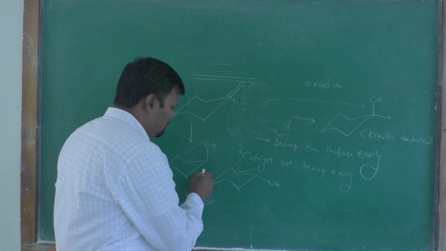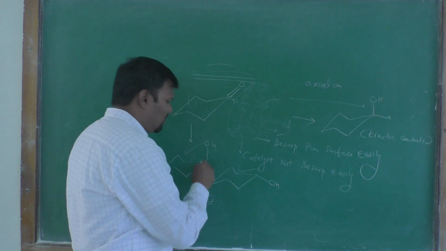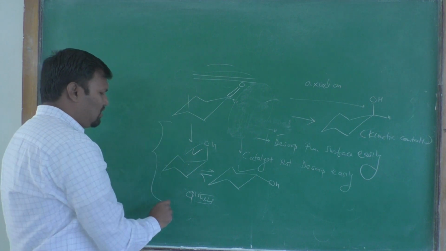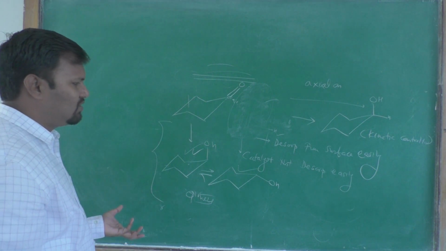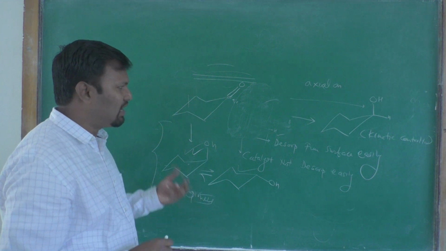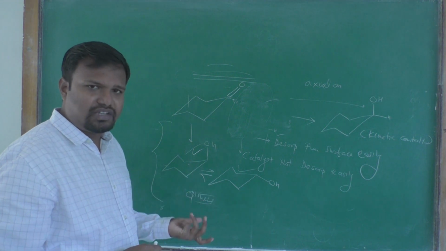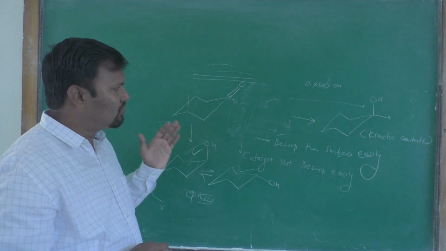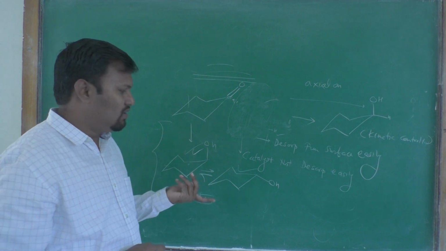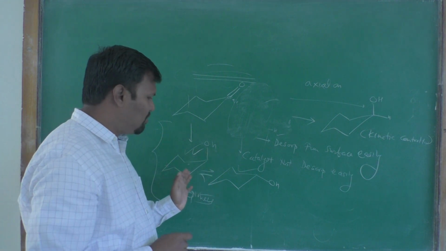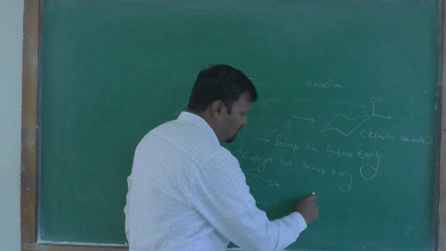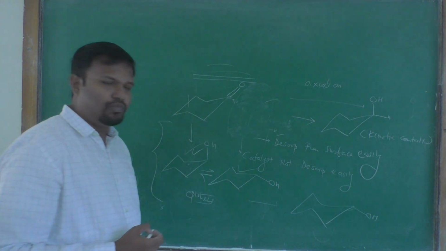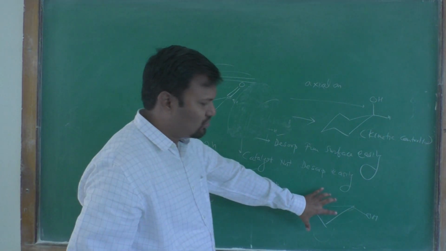Okay, an equilibrium is established between axial OH and equatorial OH, and if the reaction is prolonged because the catalyst is not easily removed from the surface, equilibrium is observed, and at the end you predominantly obtain the equatorial OH group. Equatorial OH means that the product is a stable one.